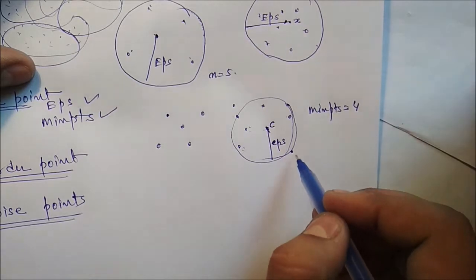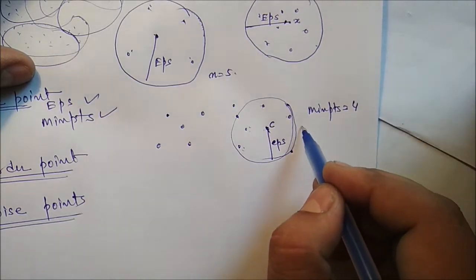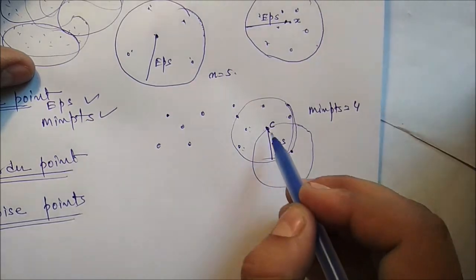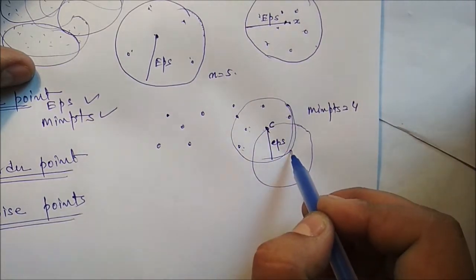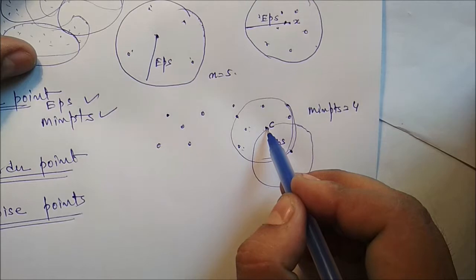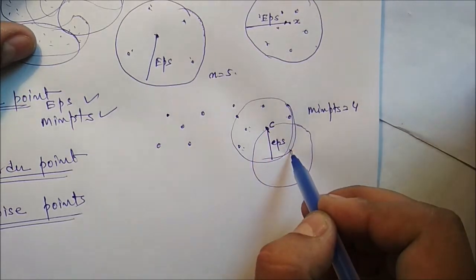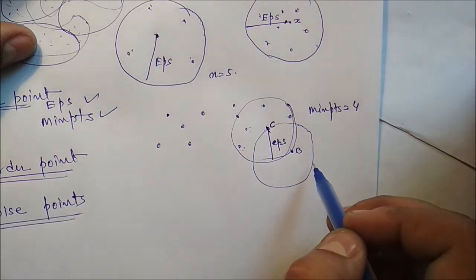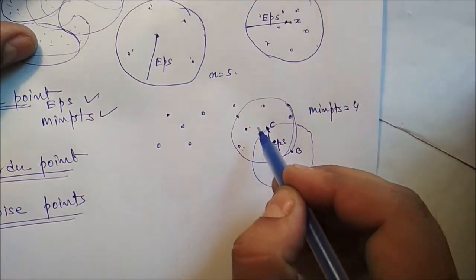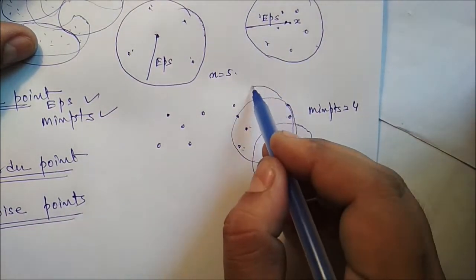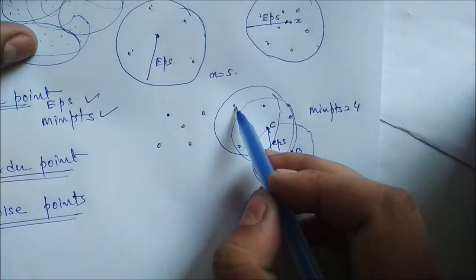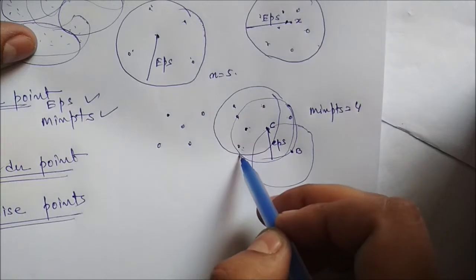Similarly, for this point we draw a circle. How many data points are there? 1 and 2. So this is a part of the core point's neighborhood, but it is not a core point. It is called a border point. Now for this particular point, we draw a circle. How many data points are there? 1, 2, 3, 4, 5, 6.